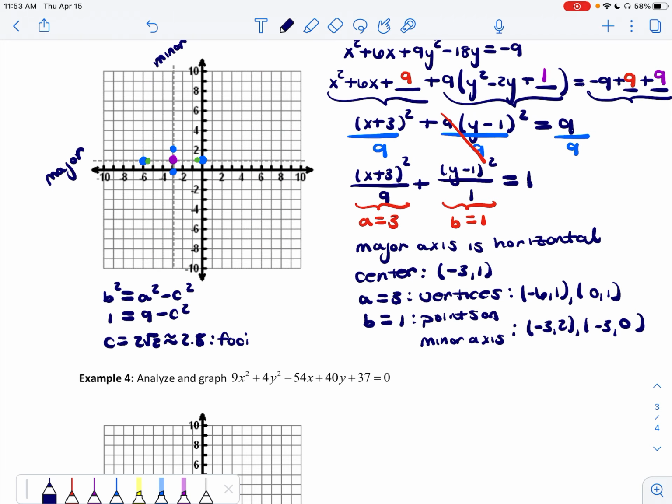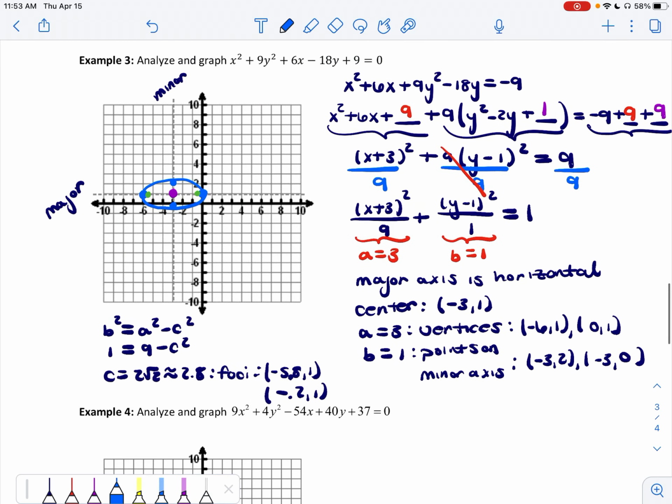So 2.8 to the left of our center is going to be at negative 5.8 and 1. And then to the right, that brings us to negative 0.2 and 1. Lastly, just connect your points and you're good to go.